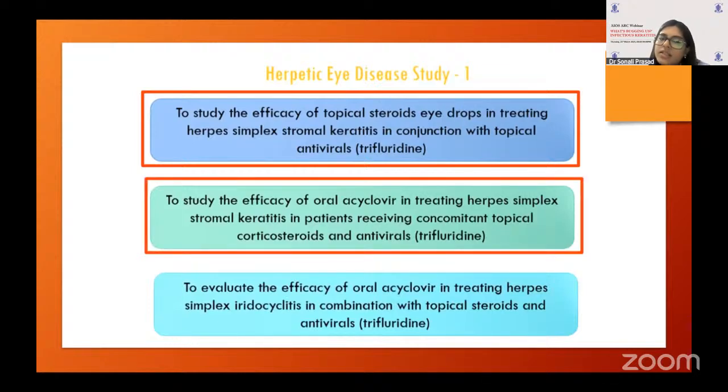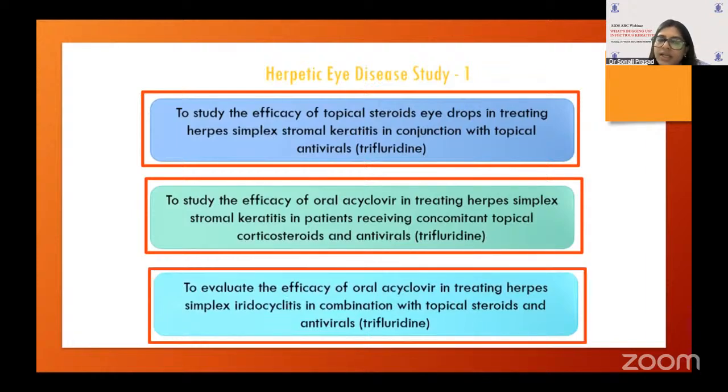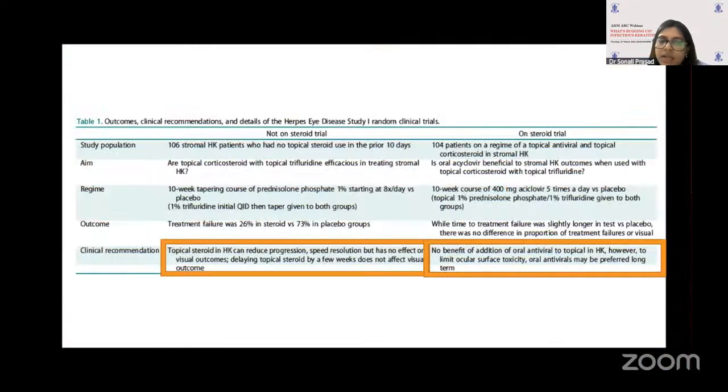The second it answered was whether oral acyclovir, when used with topical steroids or antivirals, was effective in stromal keratitis. The third, whether this oral acyclovir was effective in treating iridocyclitis cases. So the conclusion of the steroid trial was that topical steroids in herpes keratitis can reduce the progression and speed up the resolution, but had no effect on the final visual outcome.